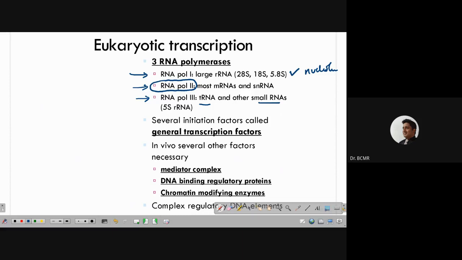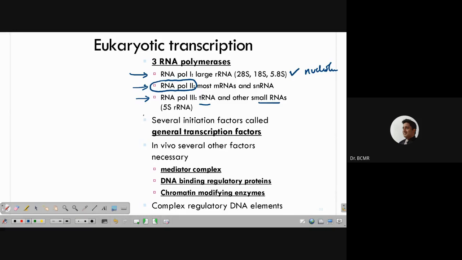Unlike prokaryotic transcription, eukaryotic transcription is complex. There are too many factors and so on. We will know some of them, and some we will not discuss as much. But try to know that it is complex and there are many factors involved.